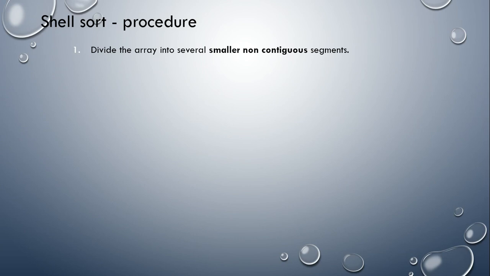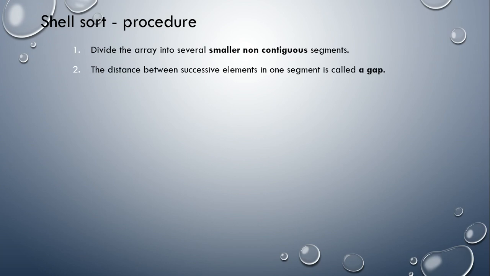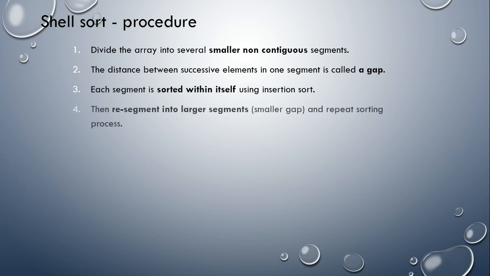The given array is divided into several smaller non-contiguous segments. The distance between successive elements in one segment is called the gap. Each segment is sorted within itself using insertion sort. Then we resegment into larger segments, or say a smaller gap.